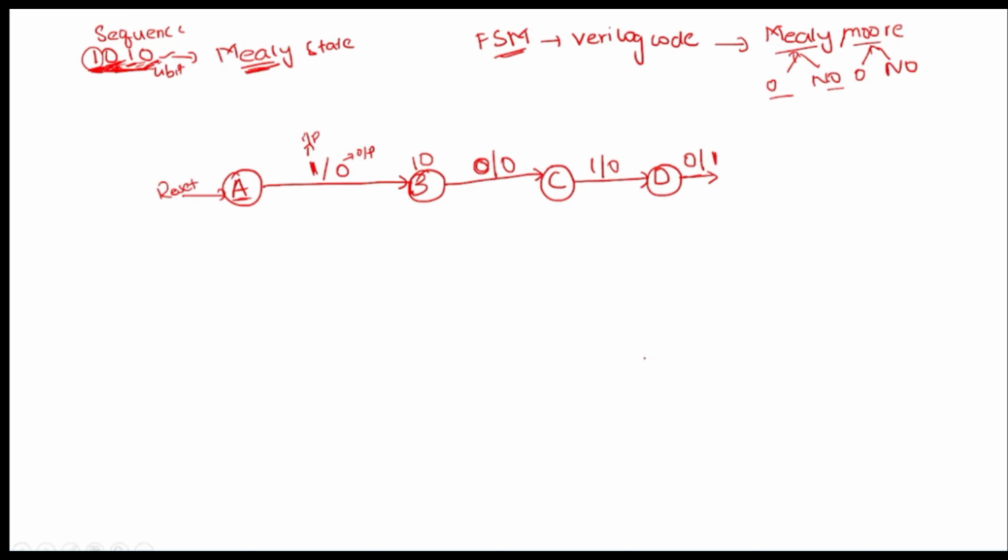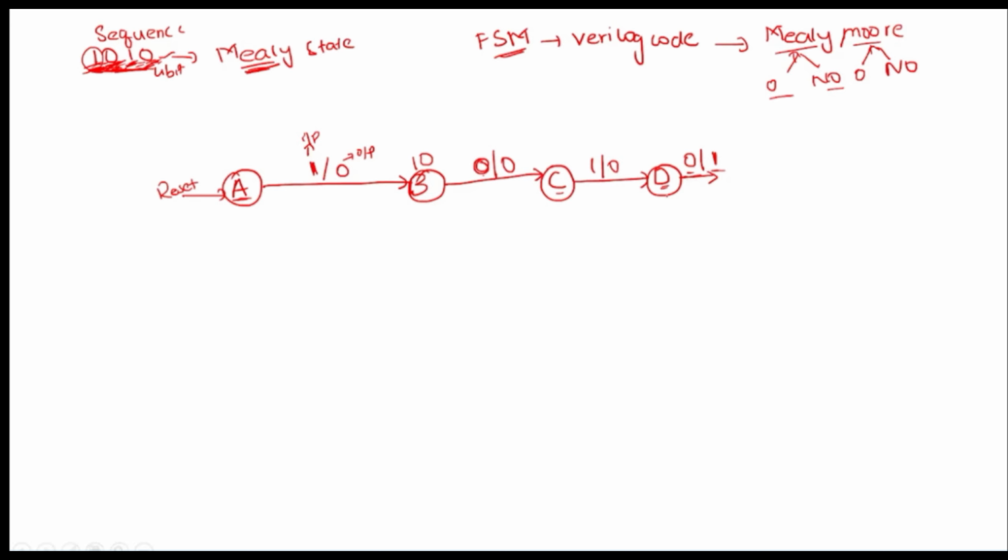I'm explaining it one more time. When A receives 1, it moves to B. When B receives 0, because after 1 it is 0, it moves to C state. When C receives 1, it moves to D state. And when D receives 0, the output will be 1; until the last state receives 0, the output won't be 1.